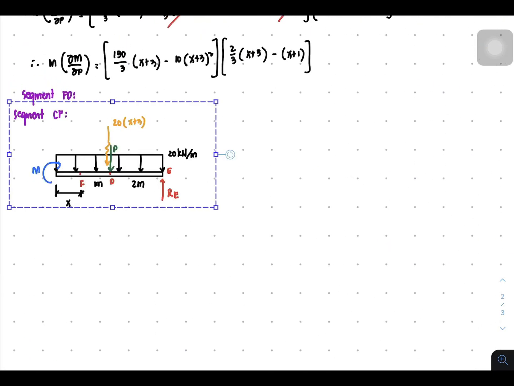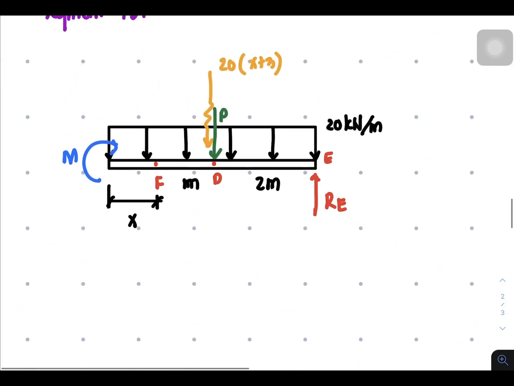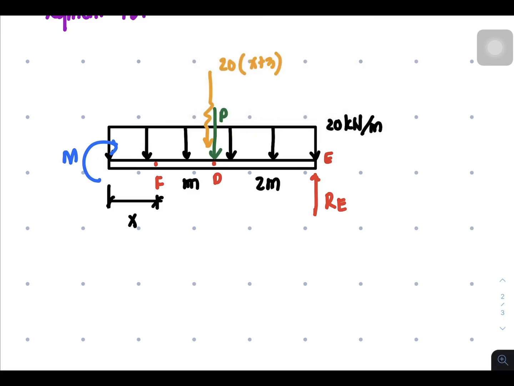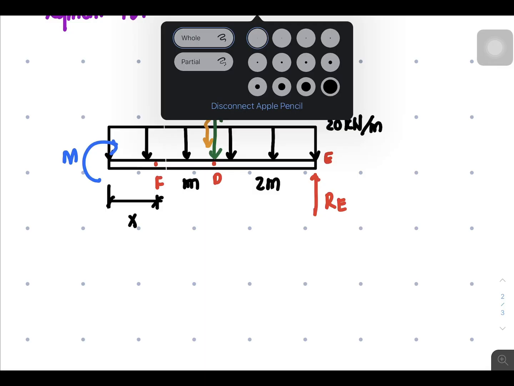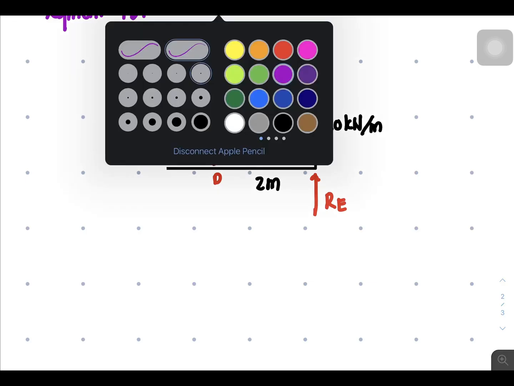So basically, you have to redraw the whole segment. And since we're trying to cut this portion, the FD, we are going to cut it. There, it's cut.